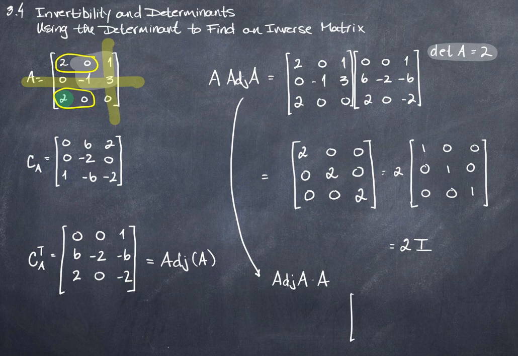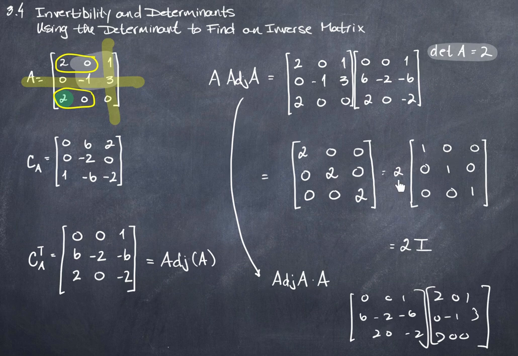You should get 0, 0, 1, 6, -2, -6, 2, 0, -2. That's very messy. Times 2, 0, 1, 0, -1, 3, 2, 0, 0. Do that multiplication and make sure that you get the same thing. All right, you'll get this matrix here, which can be thought of as this matrix here scaled by 2, which is just 2 times the identity matrix.